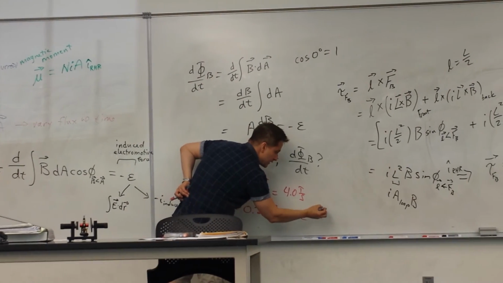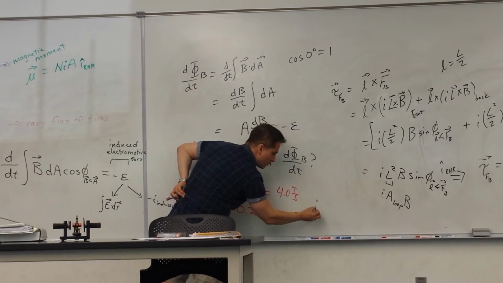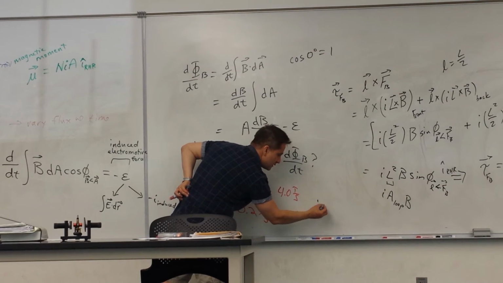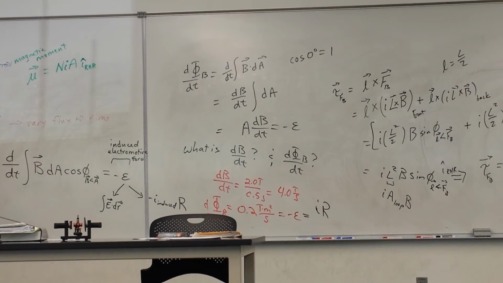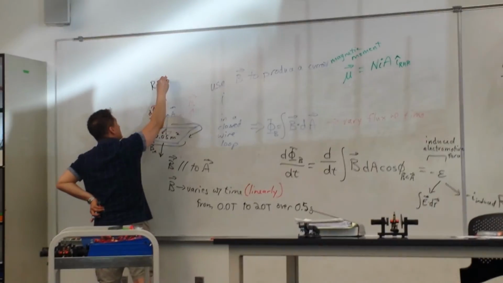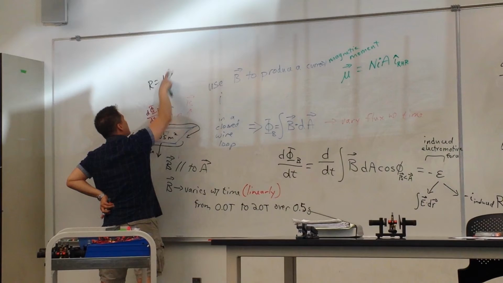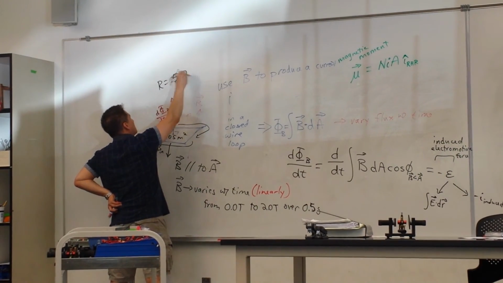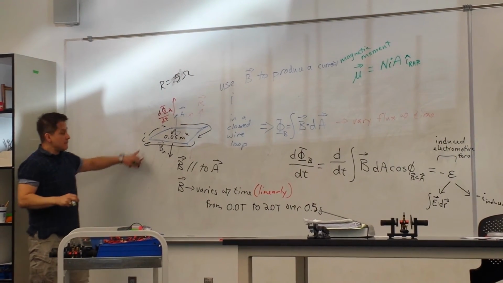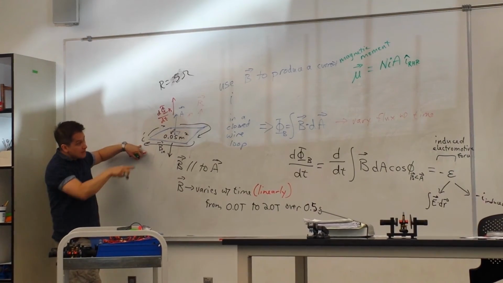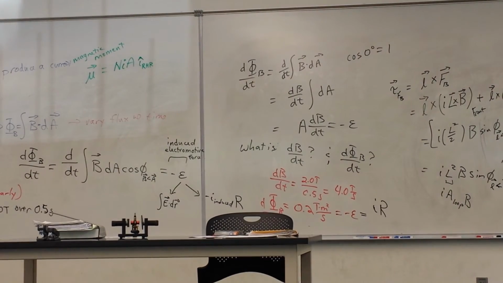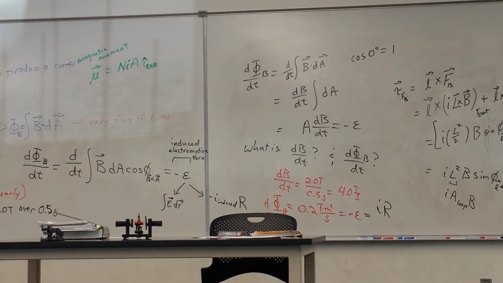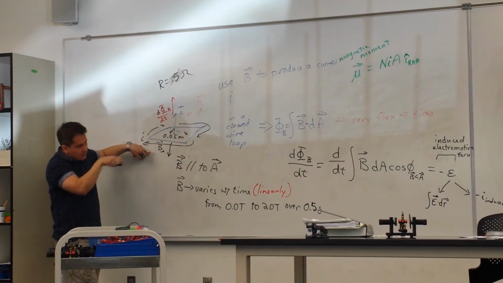So ultimately, if we wanted to calculate what the current is, if this is equal to I times R, and maybe we give R a value of, say, make it something other than 5 ohms, then the magnitude of the current would be 0.2 divided by 5.